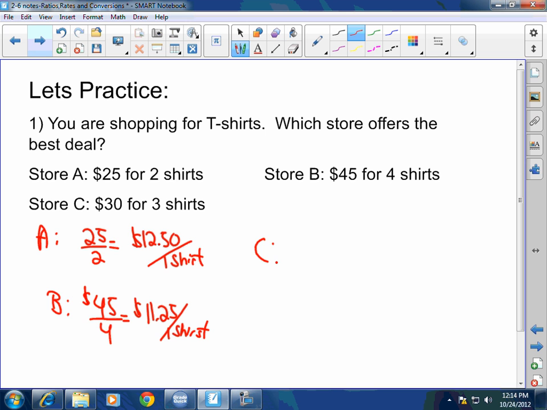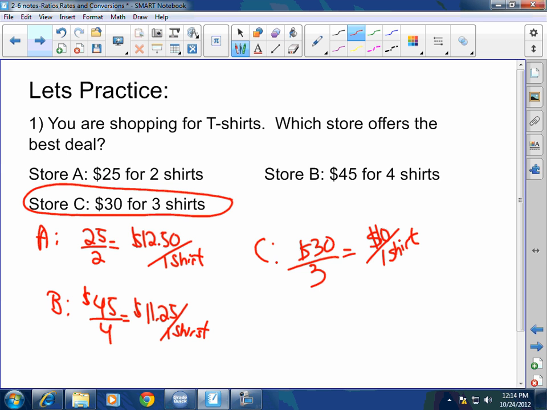And store C, $30 divided by 3, price divided by quantity. That's $10 per one shirt. What's the better buy? What's the best deal? Store C. That's the power of unit price. Does that make sense to everybody? Yes.